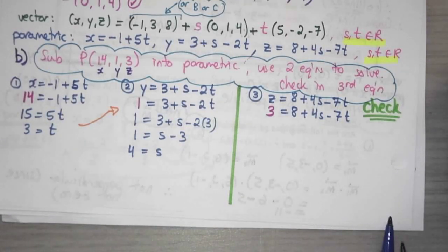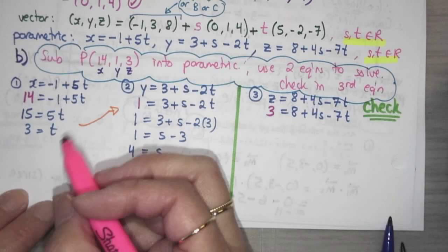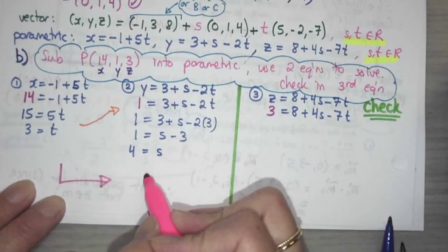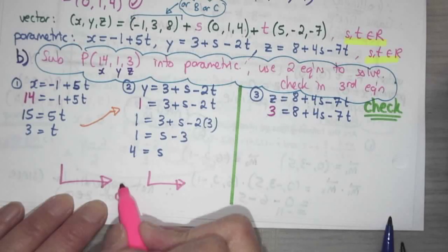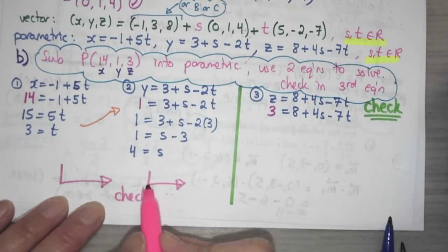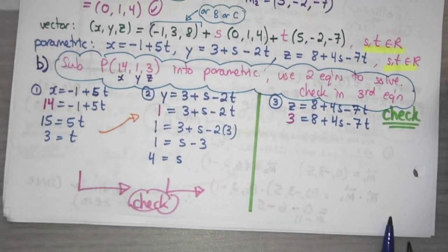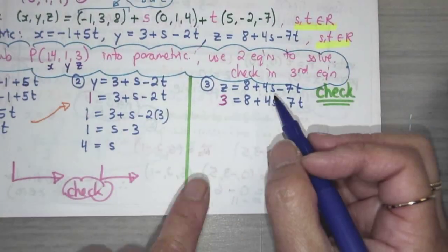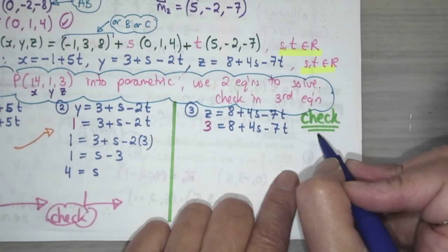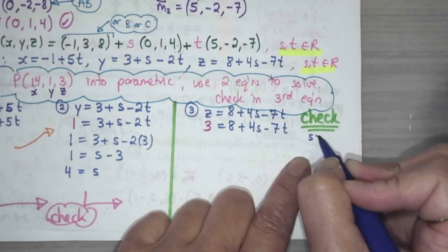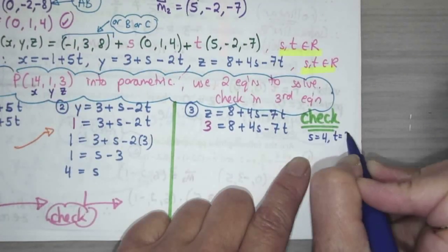So then you take both of these answers now, and you're going to check. You don't have to write this, but just for your brain to say, what did I do? I took both of those answers, and we're checking over here that s equals 4 and t equals 3.